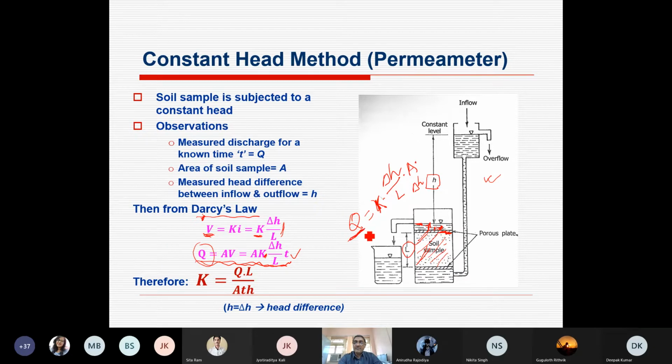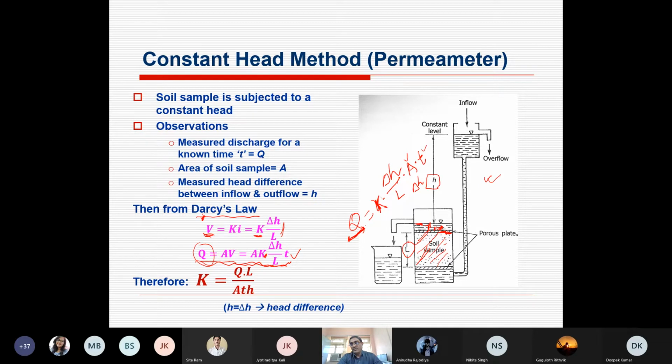That is, Q, the volume of water passed through this sample, is related with hydraulic conductivity, hydraulic gradient, area of the soil sample, and the time t for which we have observed this volume of flow.